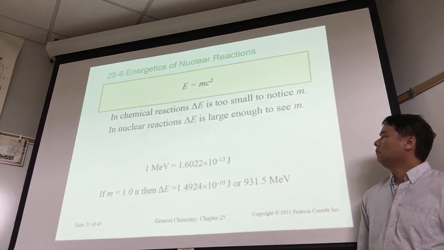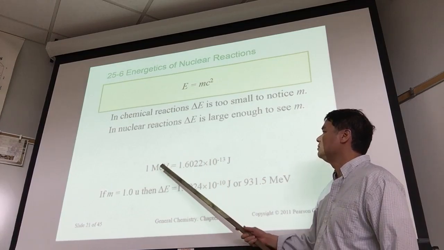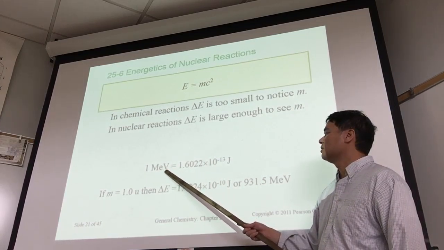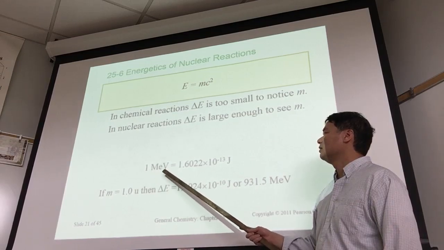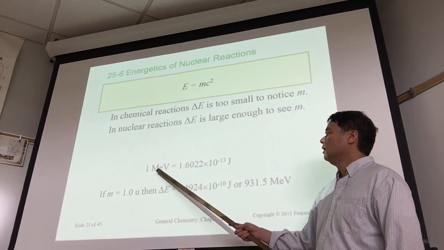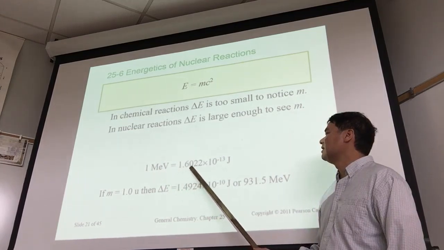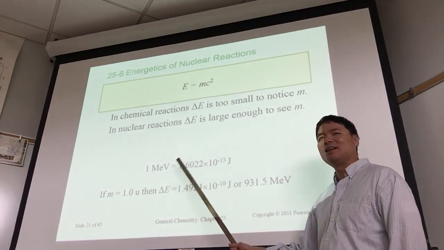Nuclear physicists like to use electron volts, eV. eV stands for electron volt, an electron with a volt potential. And 1 mega electron volt is 10 to the minus 13 joules.